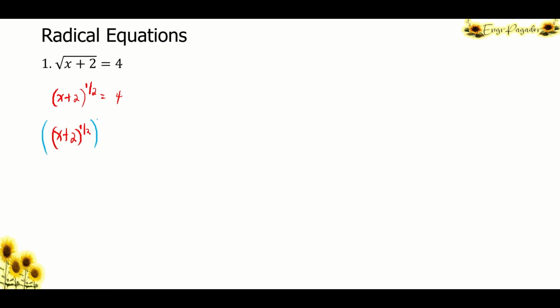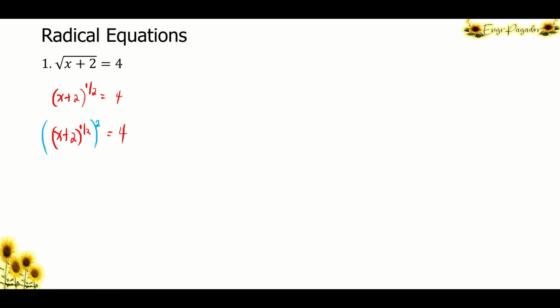Okay? So, we can use 2. Okay? And that will be equal to 4. So, we can use 2 to raise this exponent. Why? When an exponent is raised to another exponent, we are going to multiply those two exponents. And if we are going to multiply 2 by 1/2, that will be equal to 1.